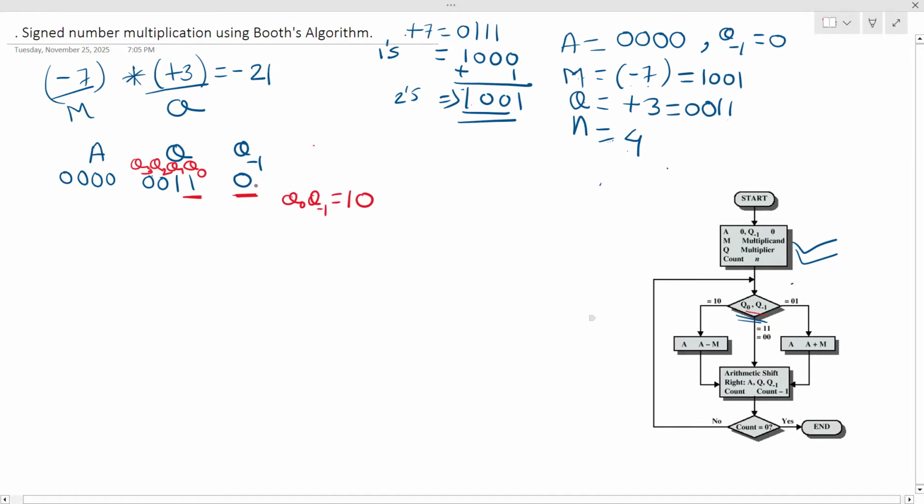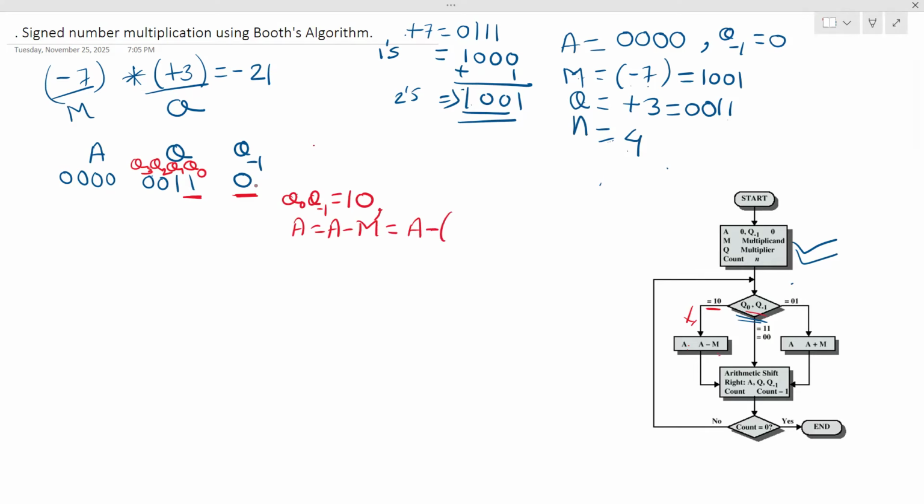If these two bits are 1, 0, which step do I need to perform? A equals A minus M. M is -7, so I will get A plus 7. In binary arithmetic we always prefer addition, which is very simple to perform as compared to subtraction.